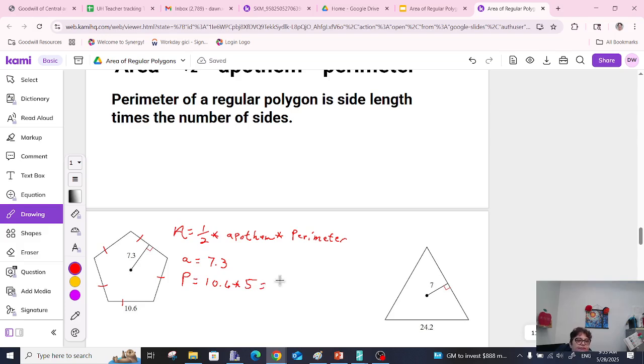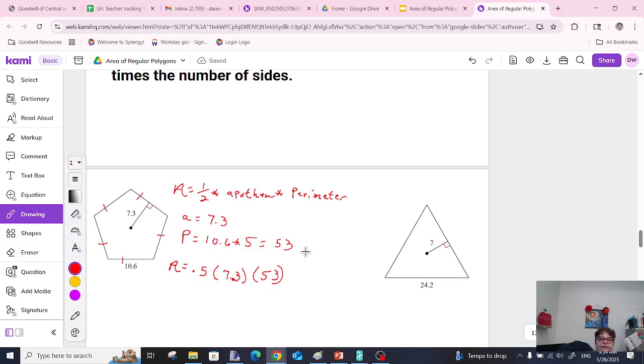So what is this one? 53. So now I could substitute everything into the formula. Area is equal to 0.5 times 7.3 times 53. And so what do we get for that?